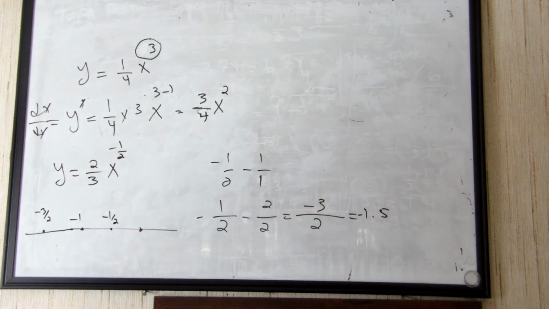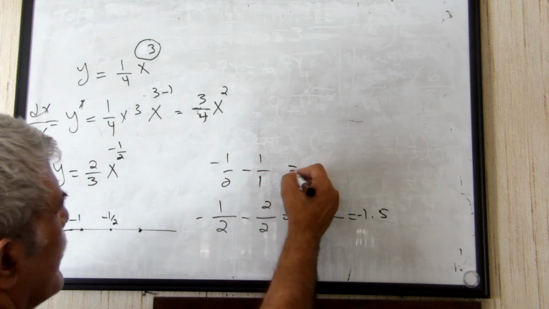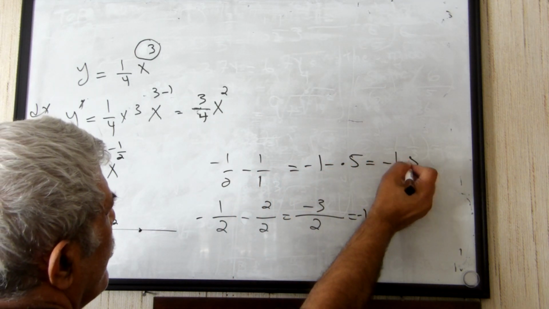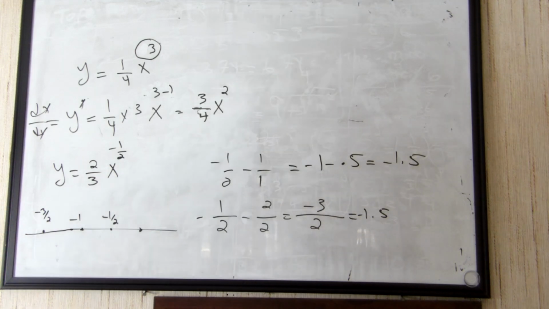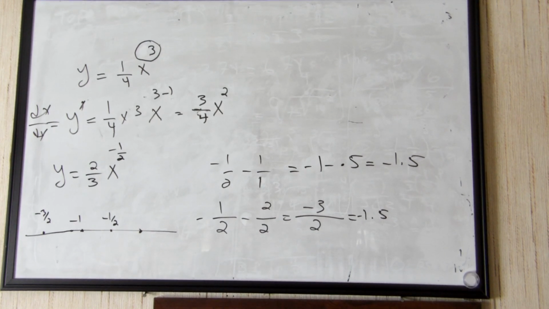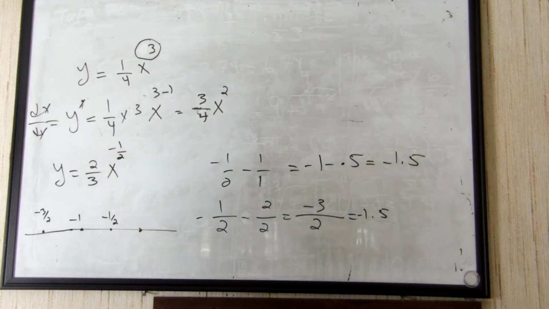Okay? Because actually, this is like minus 1 minus 0.5, which is going to be minus 1.5. Okay? So this is the way you do it.